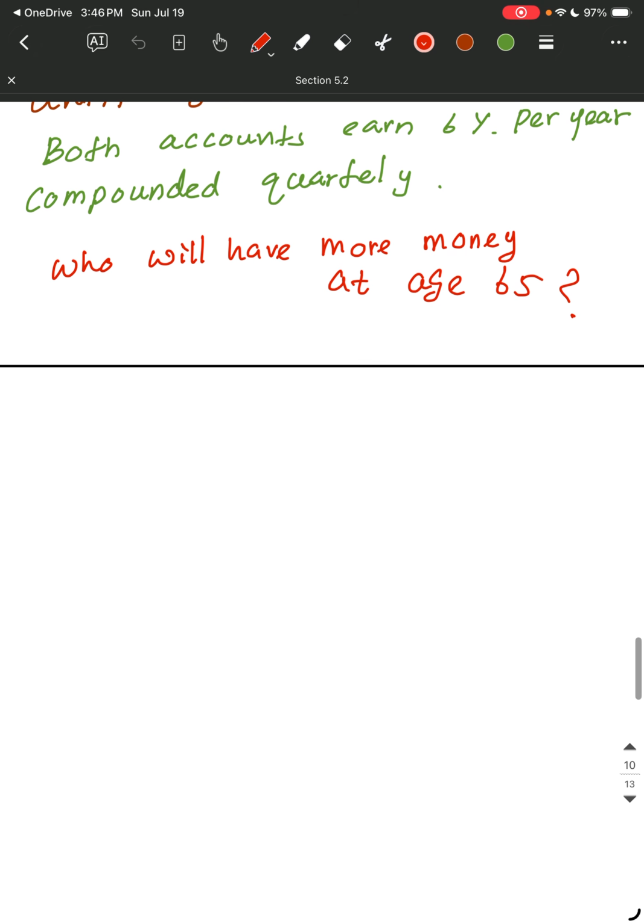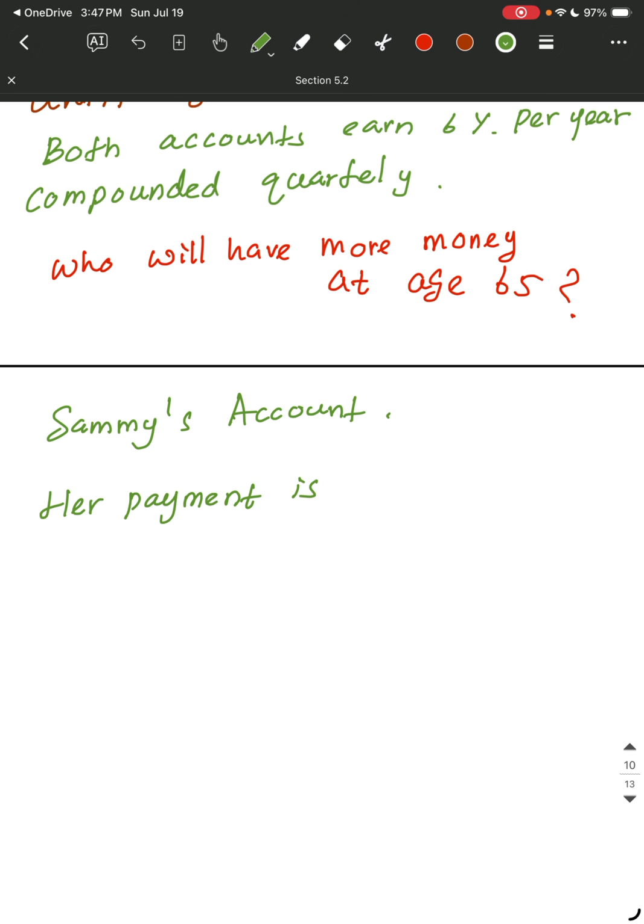Her payment is $600. That means our regular payment value. And quarterly interest rate i equals 0.06 over 4, 0.015.